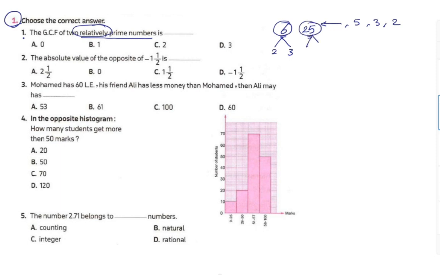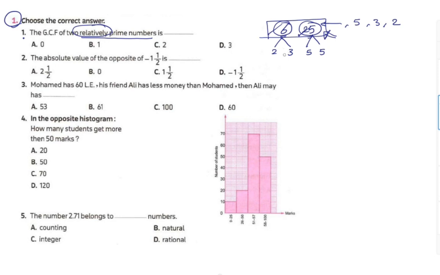25 also is not prime. 25 equals 5 by 5. So 6 alone is not prime. 25 alone is not prime. But these two numbers together, I can call them relatively prime numbers. Why?